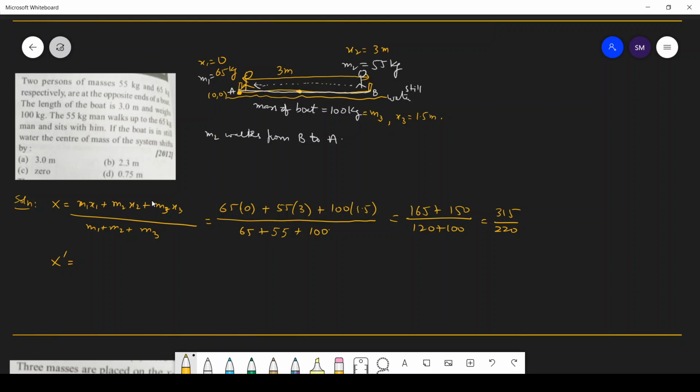Now as both of them are together, right? Both the masses M1 and M2 are together here at A. So 65 plus 55 kg are together. And second, this point C is your M3. So now you can find x dash.